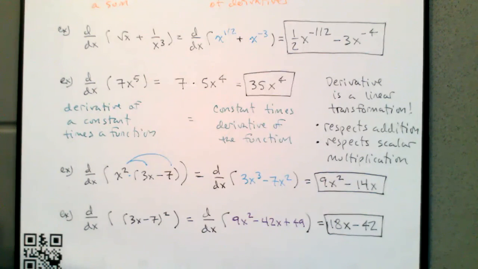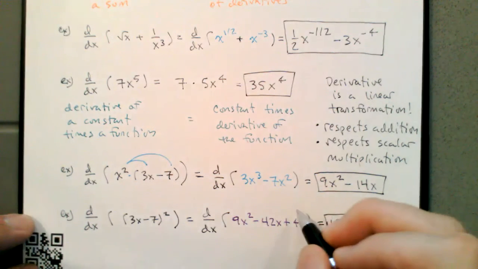I'm supposed to save that as a surprise for your homework. So spoiler alert. The derivative of a constant is 0.